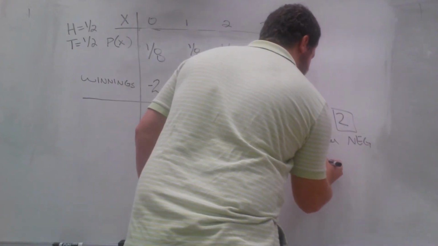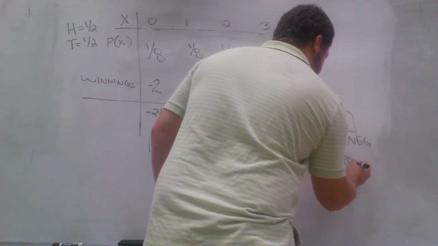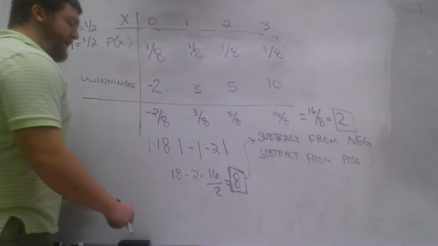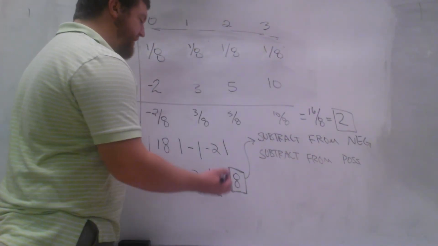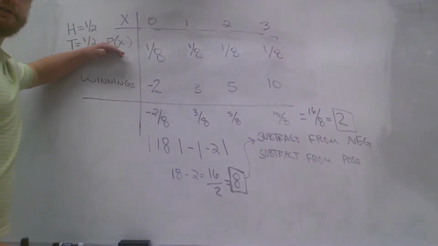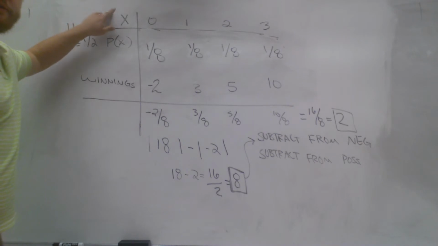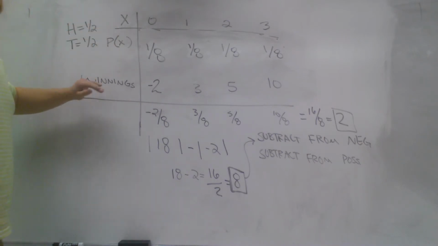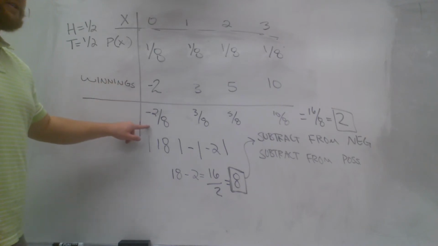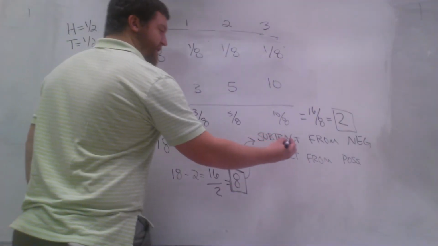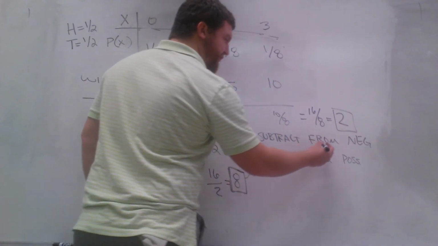Everything's subtraction. So, my negatives are these guys. Now I go to my winning column. I can't affect the probability because probability is what it is. I can't affect my options because I'm still flipping the coin 3 times. But I can change the winnings to affect my expected value. So I want to subtract my magic number 8 from my negatives.